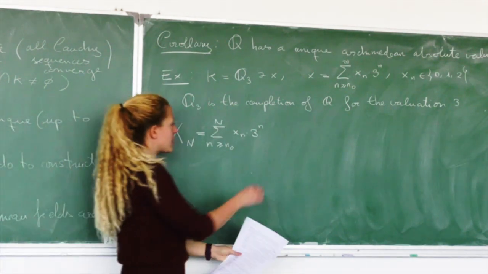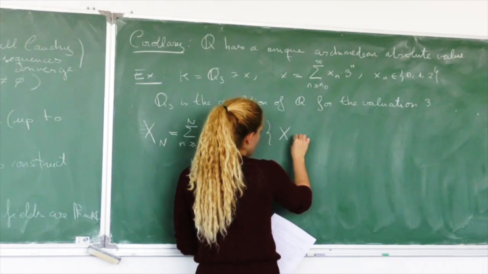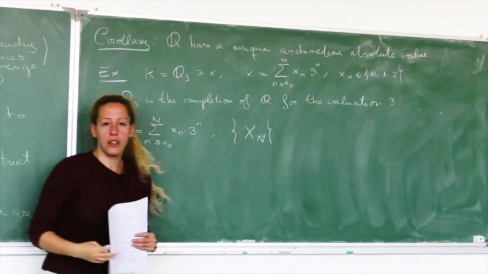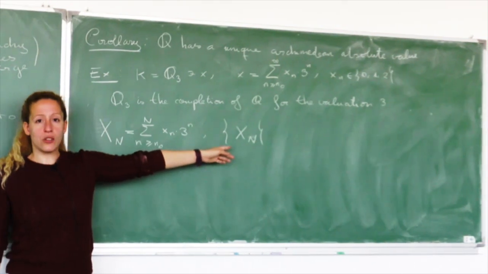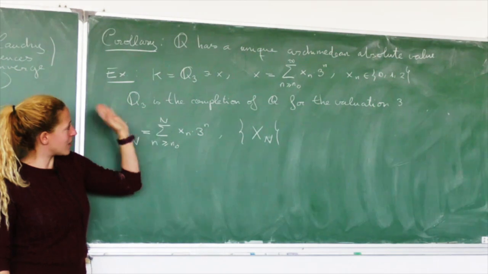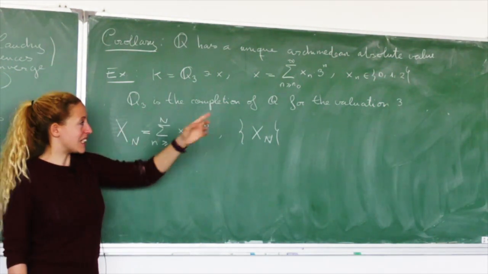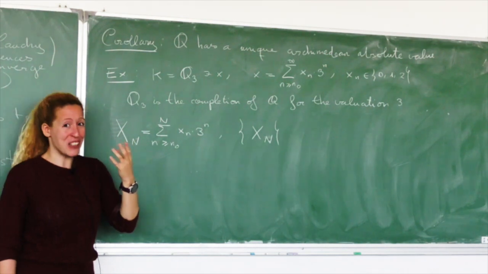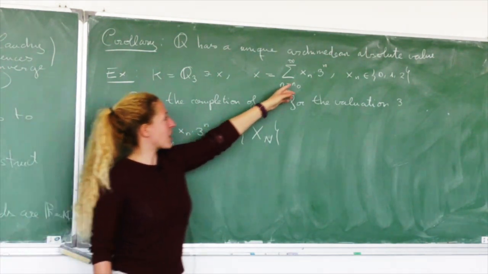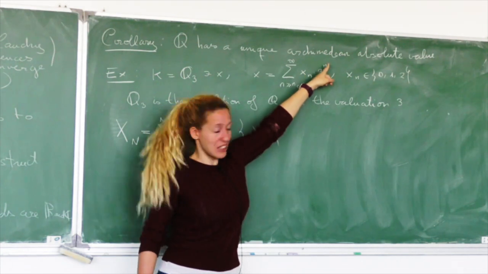And now with this, I can construct a Cauchy sequence. Why is this Cauchy? Because when you take the difference of those terms, what you get are the last terms in the series. And each time you get something that, even with the usual absolute value, is big, because we have big powers of 3 when n is big.